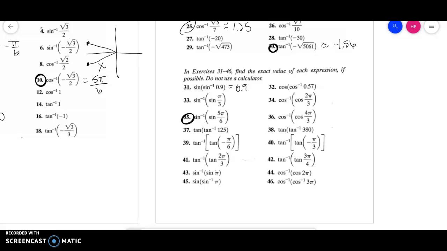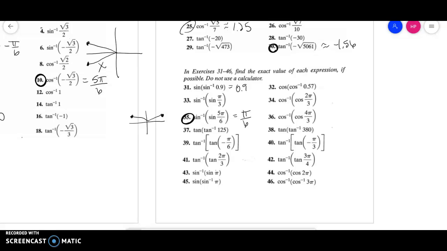So the sine at 5 pi over 6, again being in the second quadrant, is going to be a positive value, but 5 pi over 6 is out of my restricted area for the inverse. And so if I think it's positive here in the second quadrant, I need to recognize that it is reflected over the axis and also positive at pi over 6, which is an acceptable answer. My answer has to be between negative pi over 2 and positive pi over 2 where that's happening.